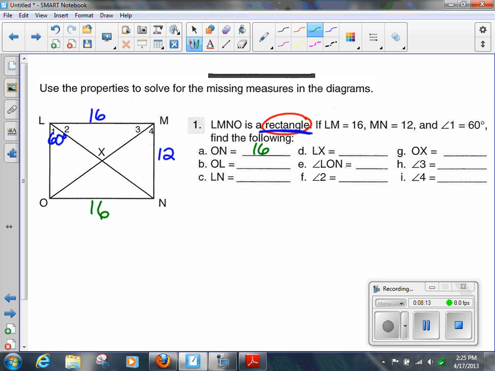What else is easily figured out? OL is? It's congruent to MN, so if MN is 12, LO is whatever. Think about it. What about LN?